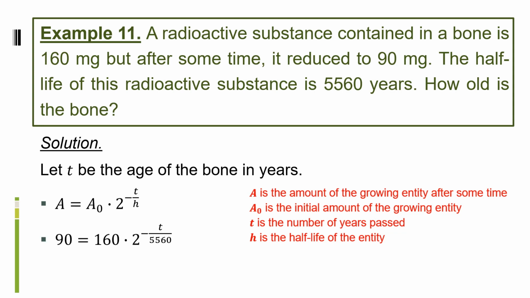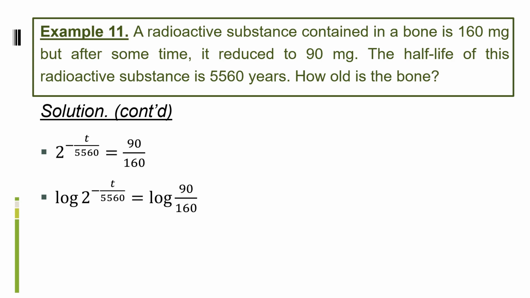So using that, our A is 90, the initial is 160, times 2 raised to negative t, because we do not know how many years, over the half-life, which is 5560. Dividing both sides by 160, we have 2 raised to negative t over 5560 equals 90 over 160.